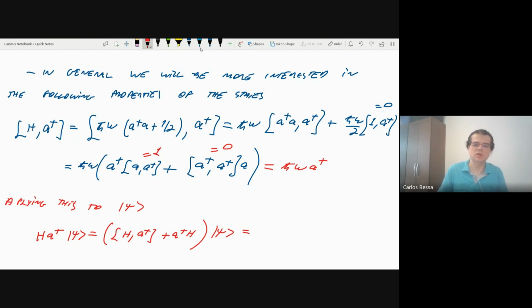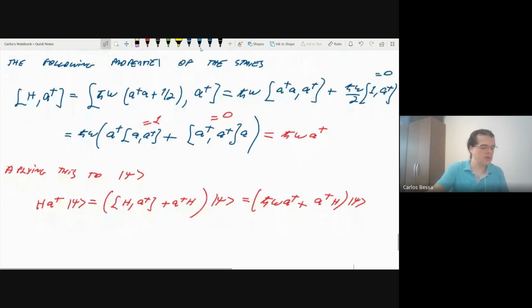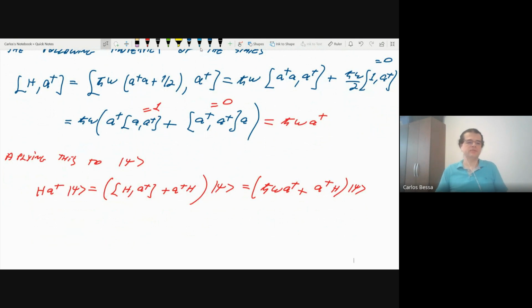So H bar omega A dagger plus A dagger H psi. But remember that H applied to psi is always the energy of the system, E psi.